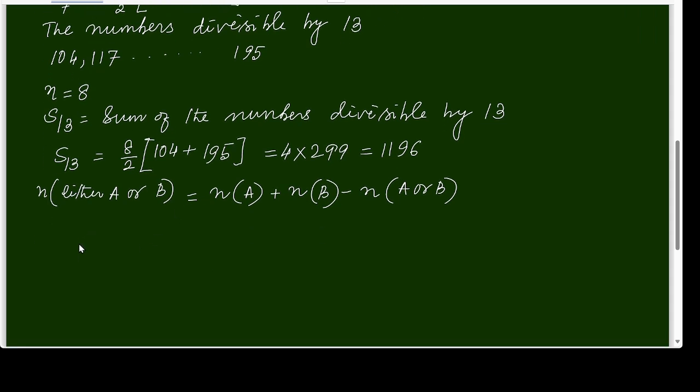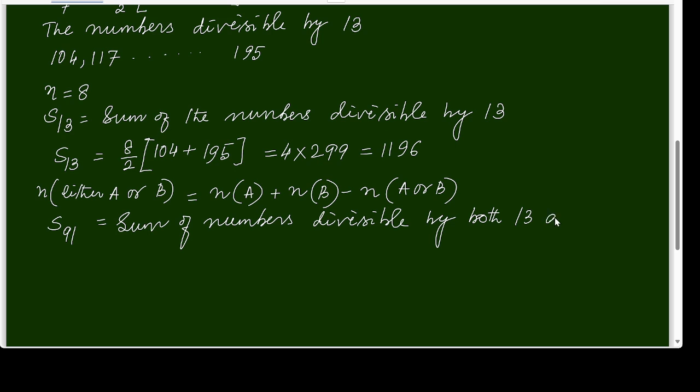So we have to take the sum of the numbers divisible by both 13 and 7, same as the sum of numbers divisible by 91.